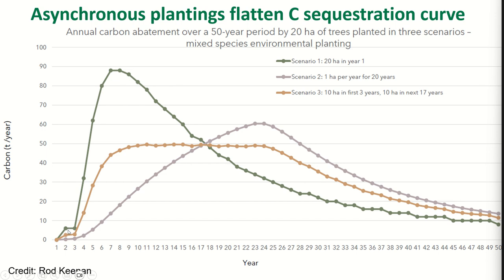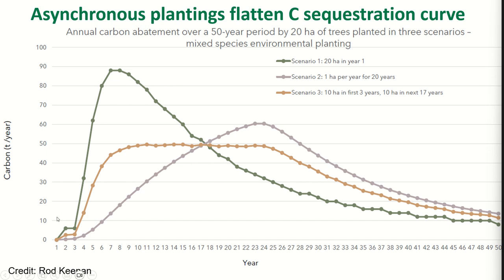If you plant 20 hectares in year one, you get a whole bunch of carbon sequestration in the first 10 years. And then as your trees mature, your rates of carbon sequestration fall. That's a problem because your emissions, the CO2 and methane and everything, are probably just the same. And even if you're sequestering much more than your farm's emissions, it doesn't matter because after 20 years your rate of carbon sequestration will have fallen.